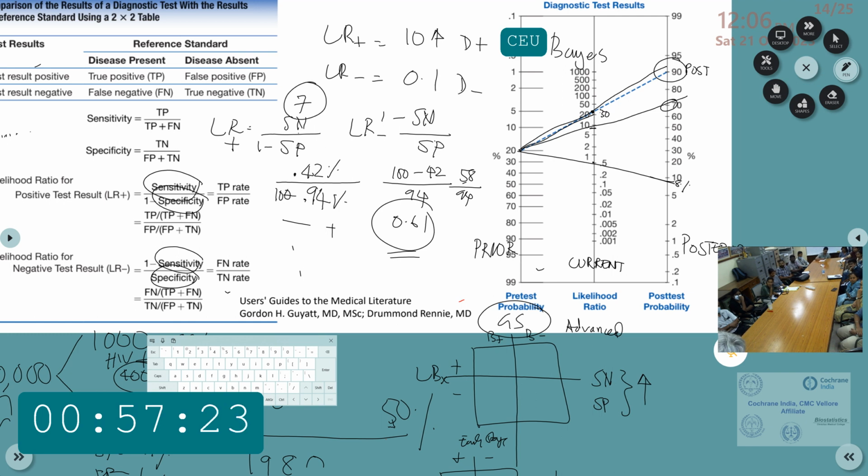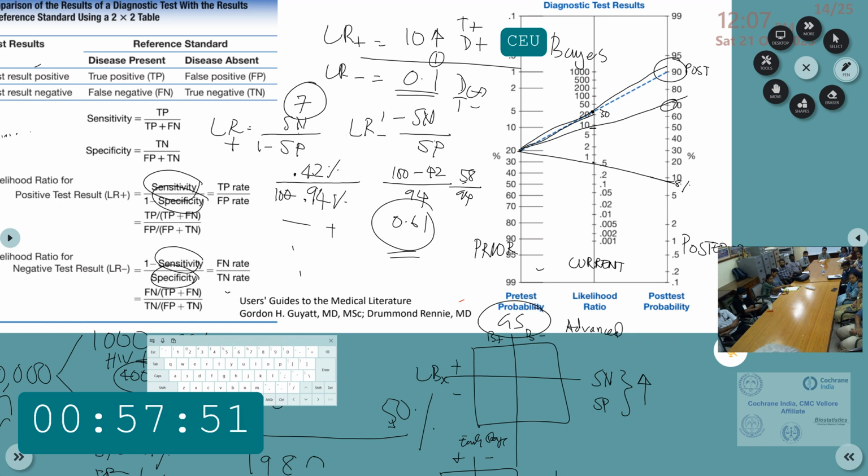This means test positive, disease positive. Test negative, you can say disease negative if the likelihood ratio is 0.1. That means what is in between 10 and 0.1? 1. Any test with a likelihood ratio of 1 is practically useless. It neither helps you to confirm your diagnosis nor rule out a diagnosis. So that is the interpretation of likelihood ratio.